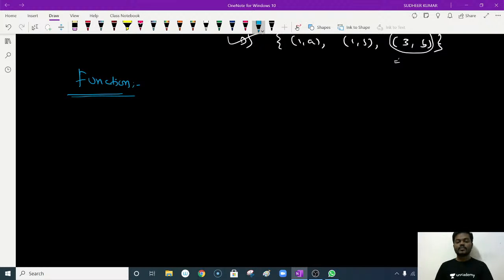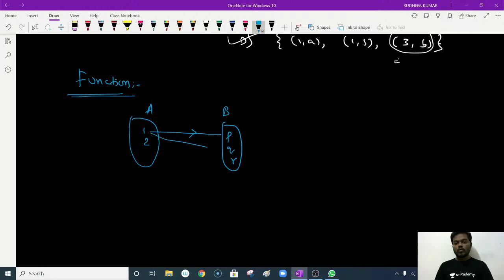How do we find it? Suppose let us take this as a relation from A to B. So this is 1 to p, q, r. So one is associated with p and one is associated with q. 2 is left out. So this is called a relation from A to B.